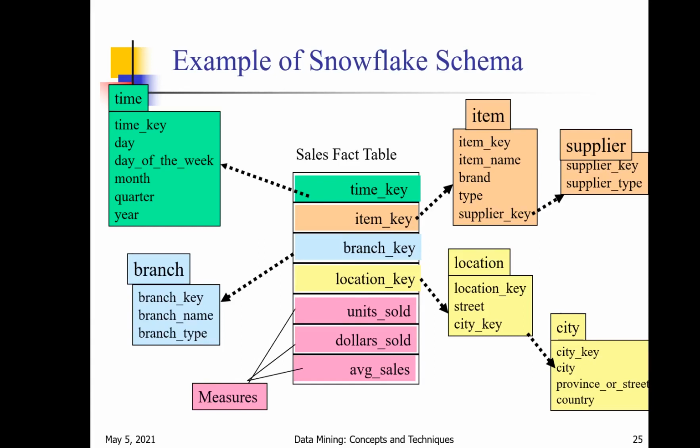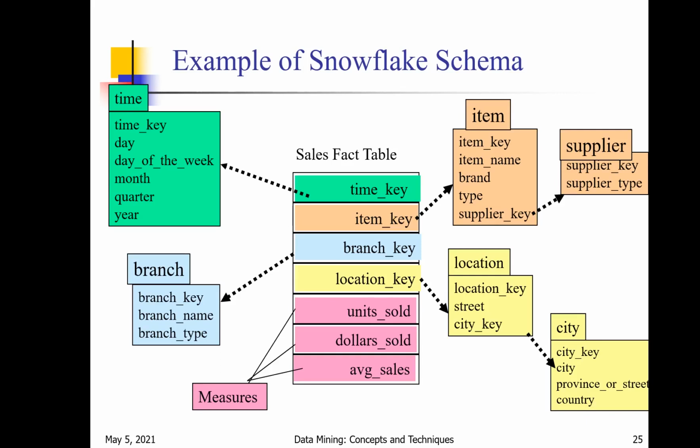These four keys, time key, item key, branch key, location key, are the primary keys in the dimension tables, whereas these are the foreign keys in the sales fact table. Again, units sold, dollars sold, average sales are the measures for the sales fact table.